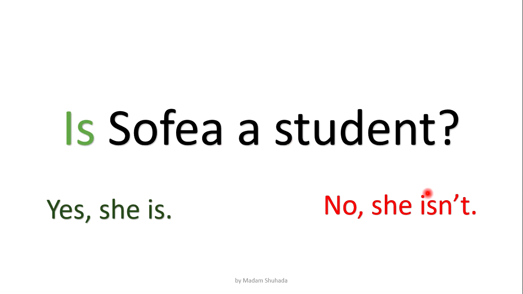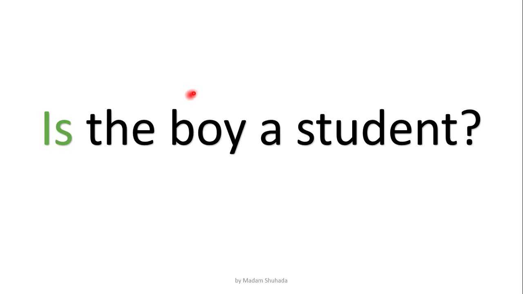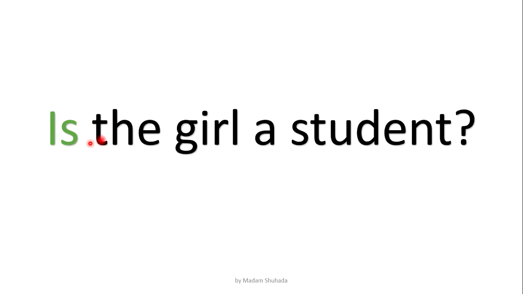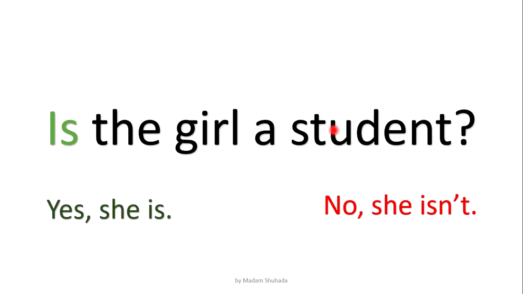No, she isn't. Is the boy a student? If you notice the boy, there is no s after the letter y, so we use is because it's considered singular. Is the boy a student? Yes, he is. No, he isn't. Is the girl a student? Yes, she is. No, she isn't.